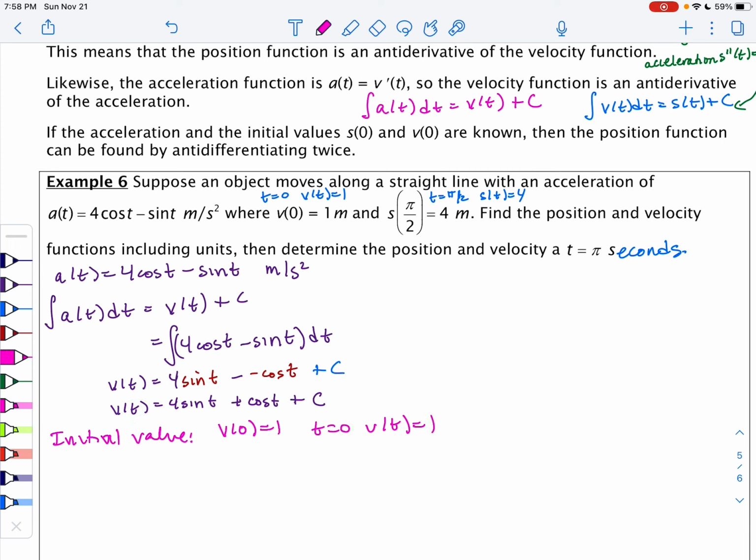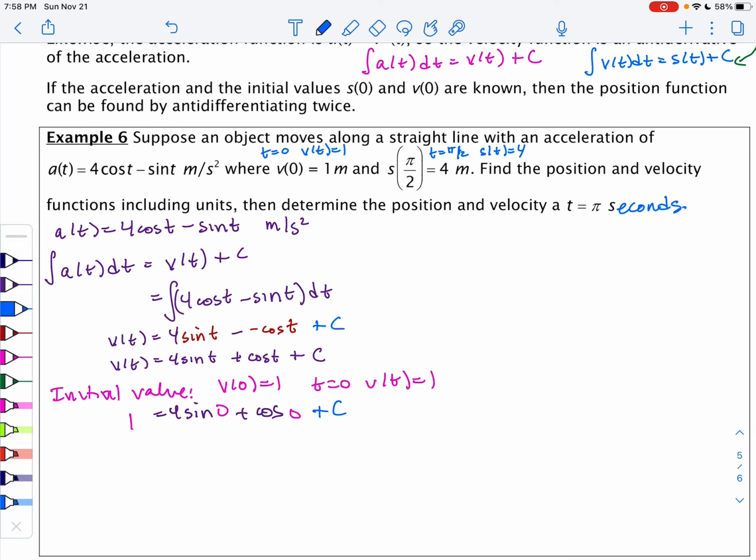So here I go. 1 is going to equal 4 of sine 0 plus cosine of 0, and we still have plus c. Sine of 0 is 0, so this is going to be 0. Cosine 0 is 1.